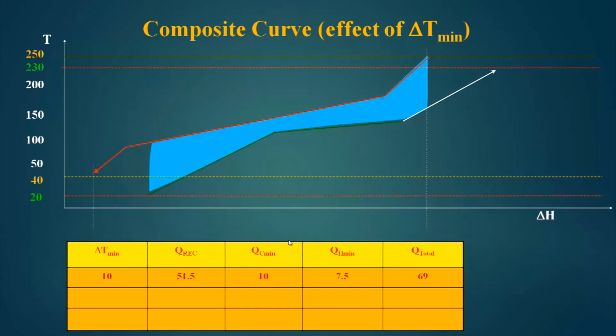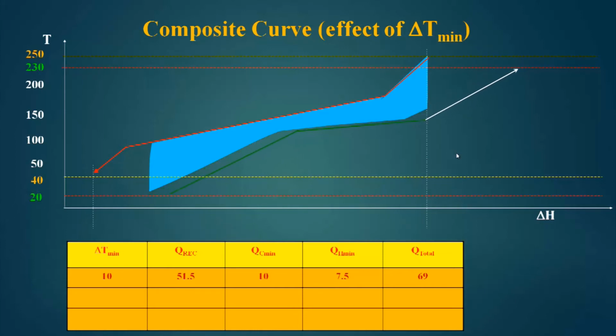So, my heat transfer area will be a function of Q total, because this much heat has to be passed, and my delta T minimum, which is 10 degree centigrade, will give me these figures: 51.5, 10 and 7.5, and total is 69.